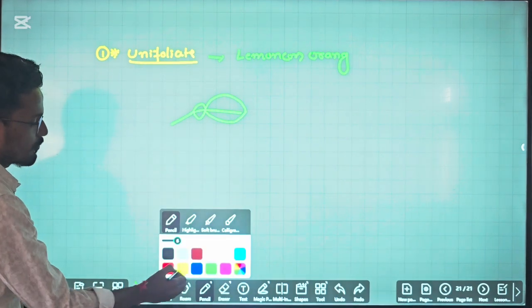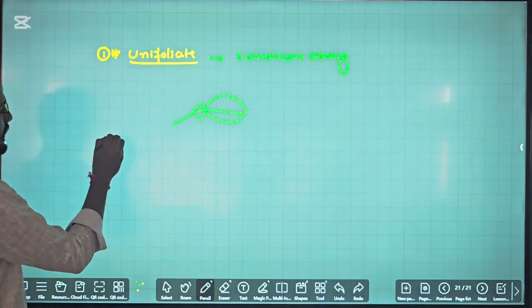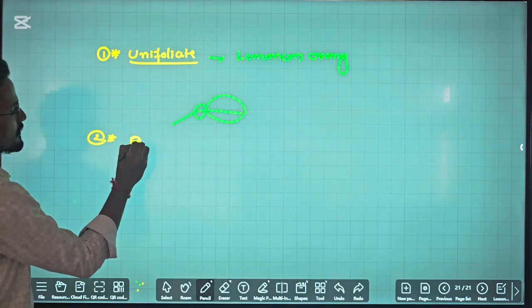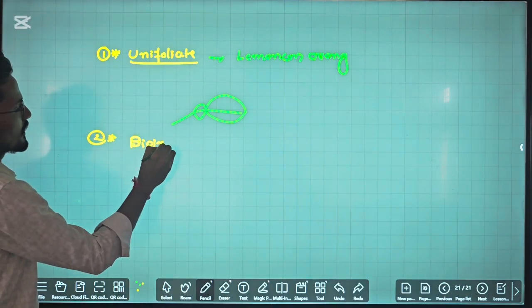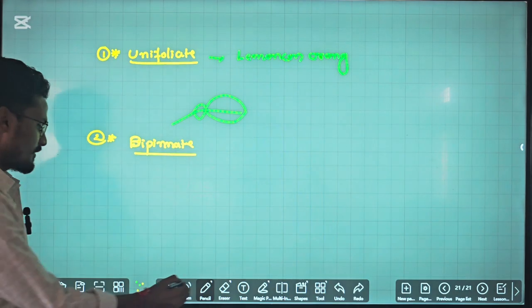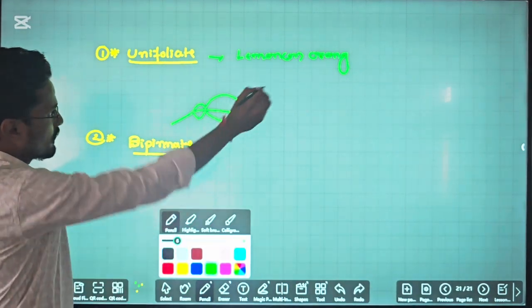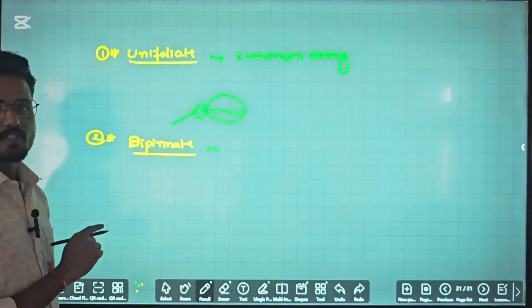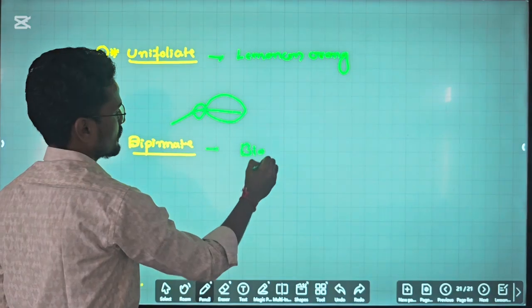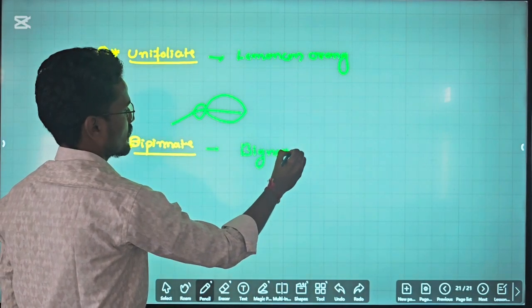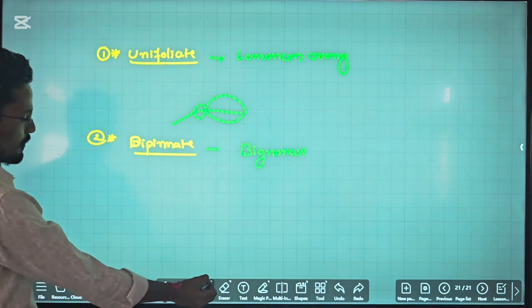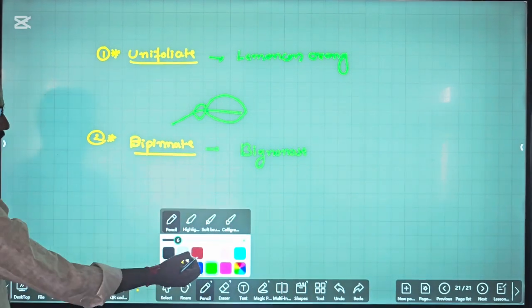The second type is bipinnate. In this bipinnate compound leaf, a common example is Bignonia.